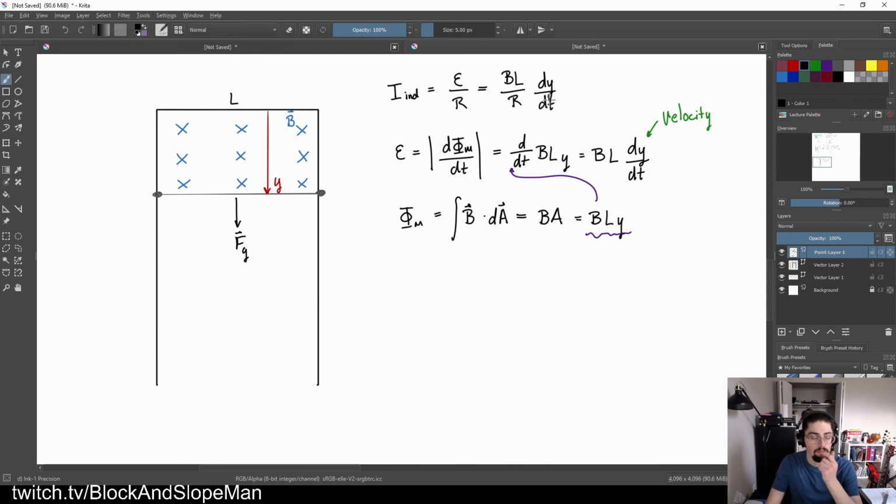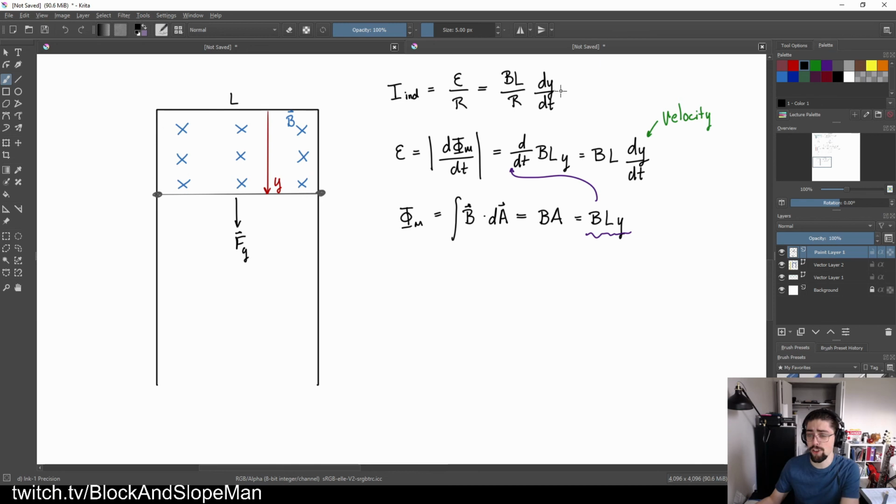Now here's something. Let me think about what direction this current's going. Is my flux increasing or decreasing? What do we think? Yeah, the flux is increasing. Nature hates that.